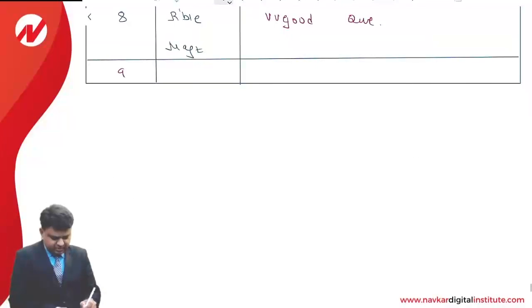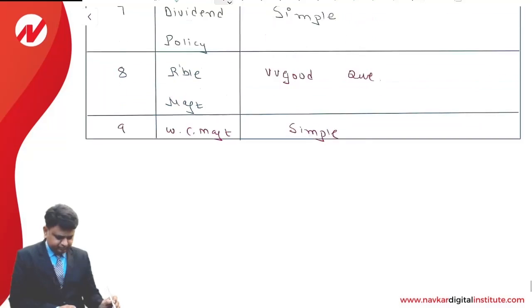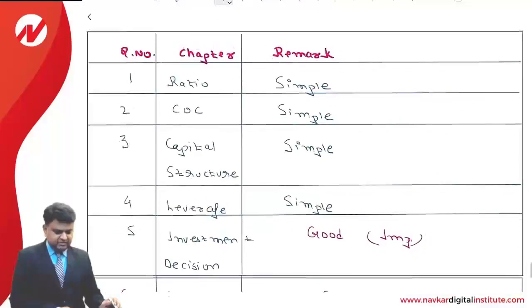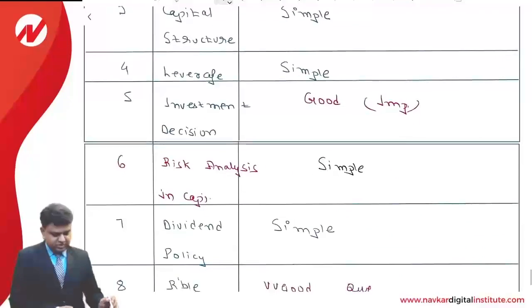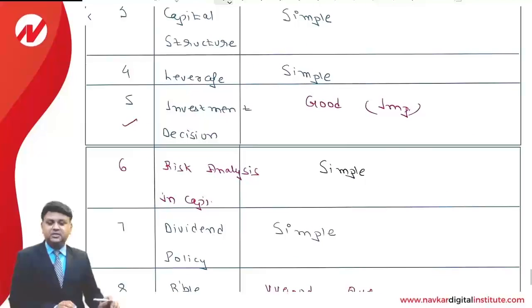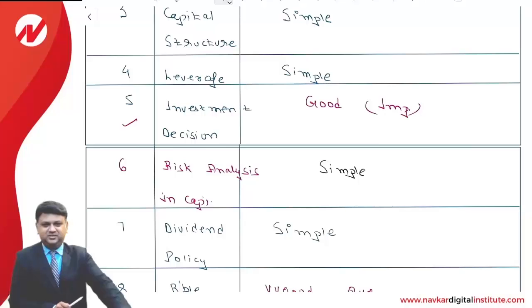Nothing is great about it except the calculation of the debtors. So it is a simple question that we have. These are the good questions that we have from the examination point of view: question number 5 and question number 8. These are the good questions.